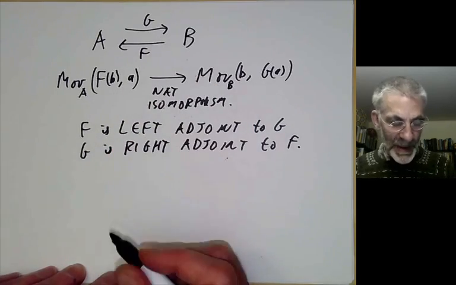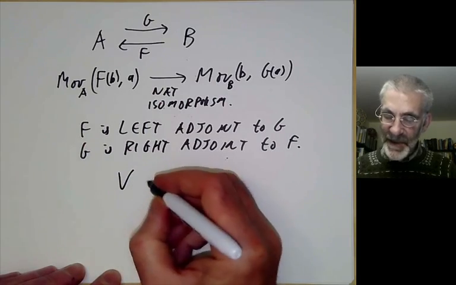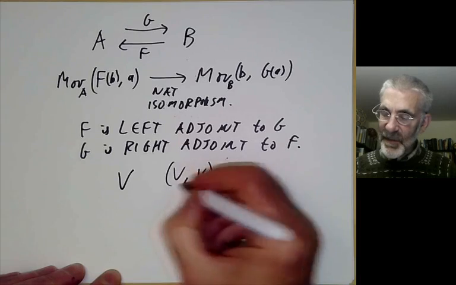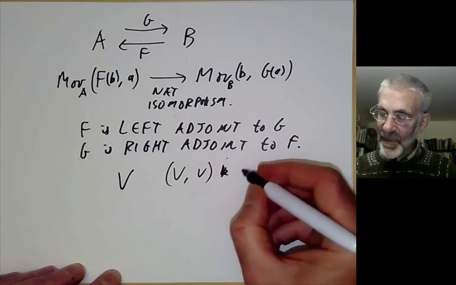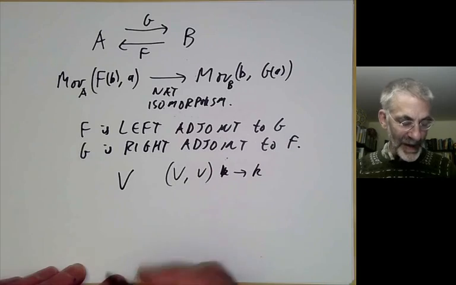Incidentally, the name adjoint comes from linear algebra. If you've got a vector space V over a field K, let's give it a non-degenerate bilinear form to K, just to make things simple.